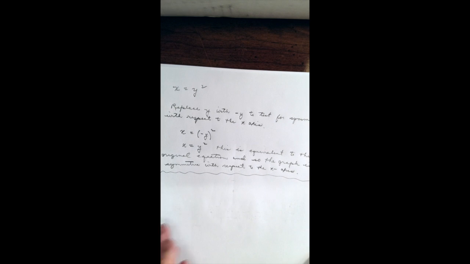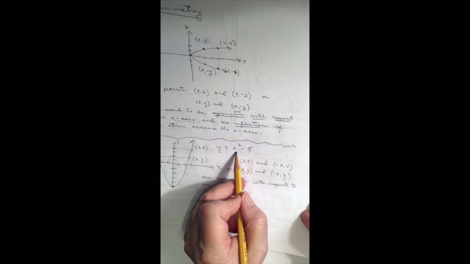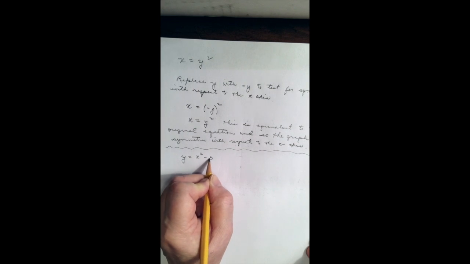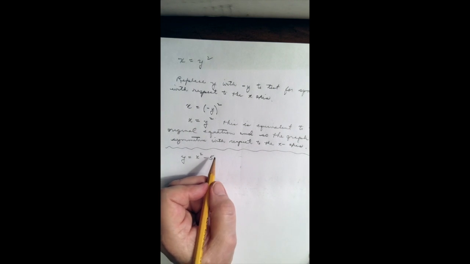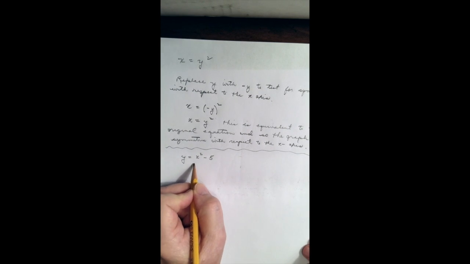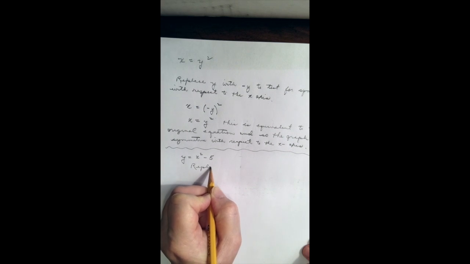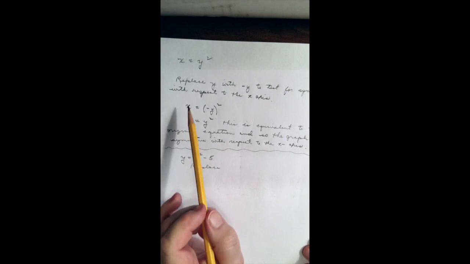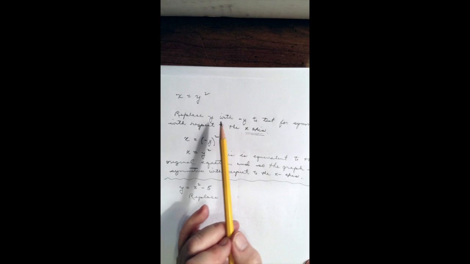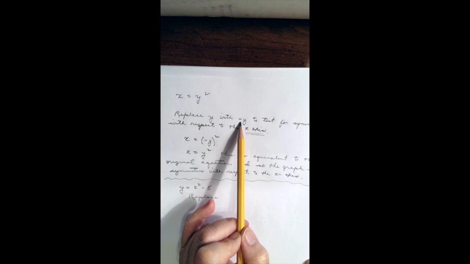Okay, now let's test our second equation that we saw, which was y equal to x squared minus 5. And it seemed to be symmetric with respect to the y-axis. If you notice, it's the opposite variable: if we're testing for symmetry with respect to the x-axis, as we did above, we replace y with its negative.